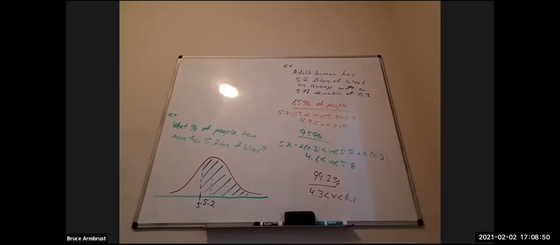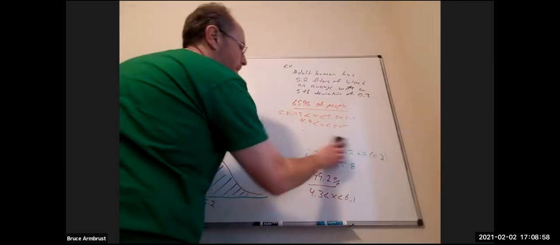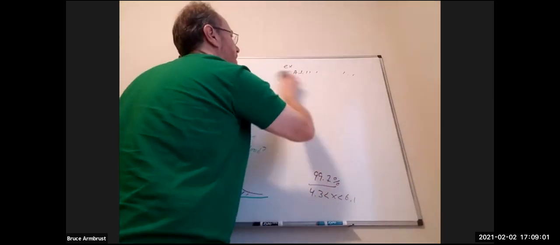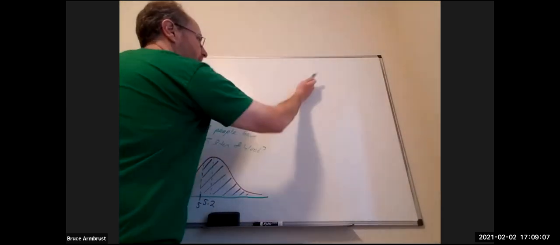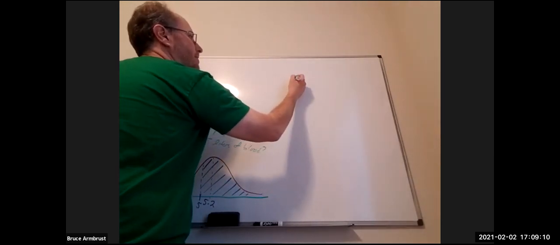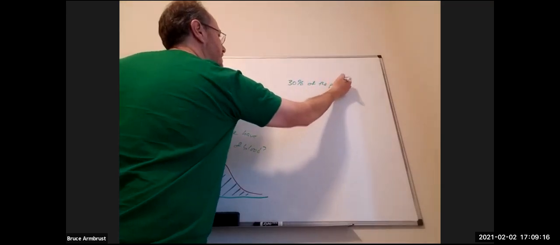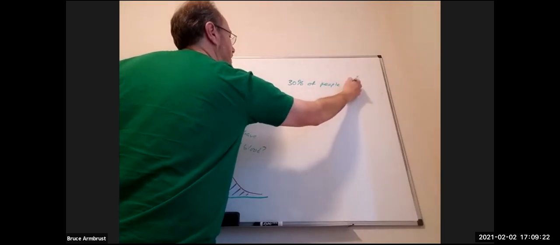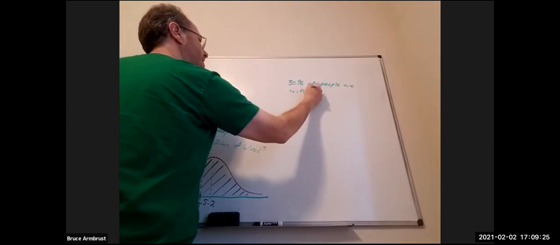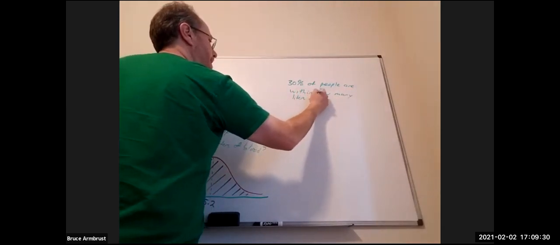what about this question? I'm going to come back to the whiteboard. So that's great and all. But what if I asked you this? What if the question was 30% of the people are within how many liters of the mean?